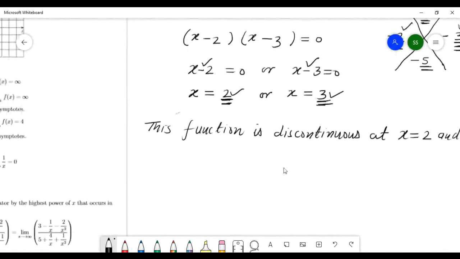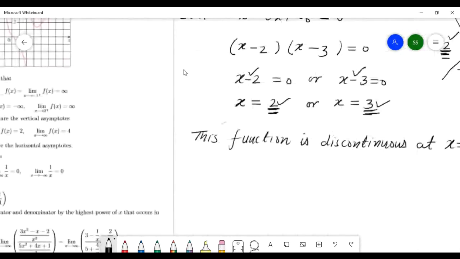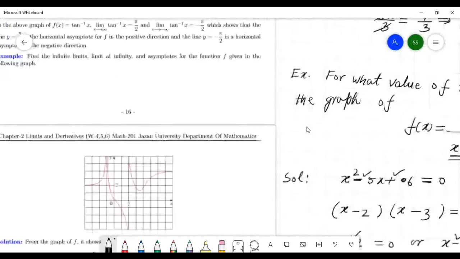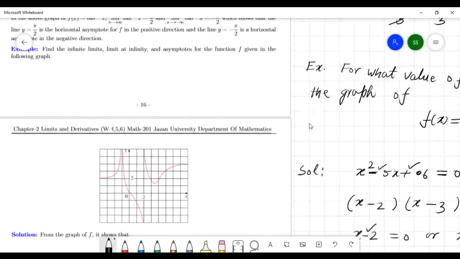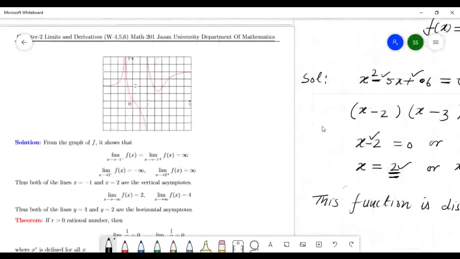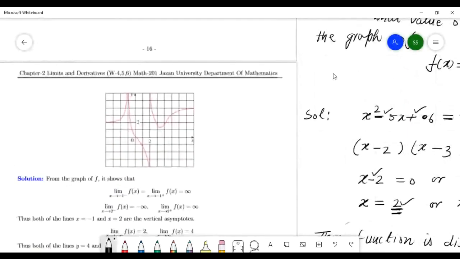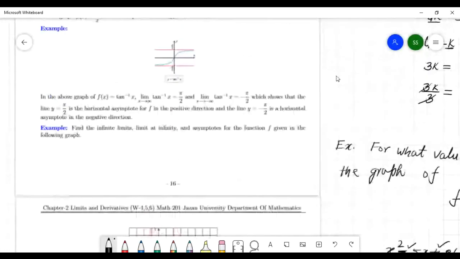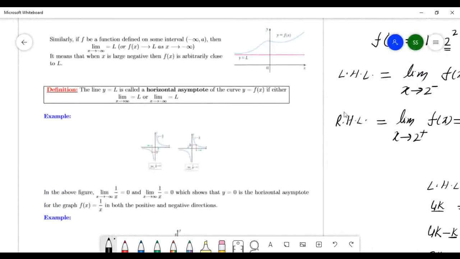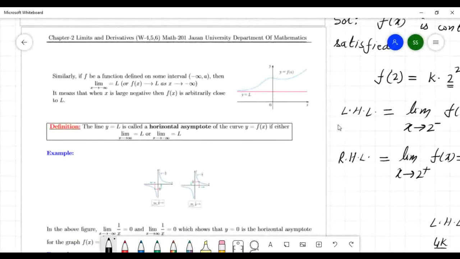Now come to here. See this one. After that, see this definition.